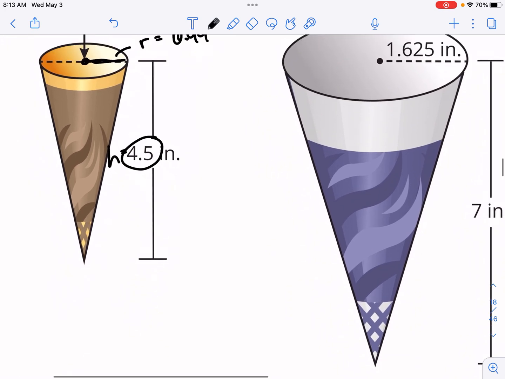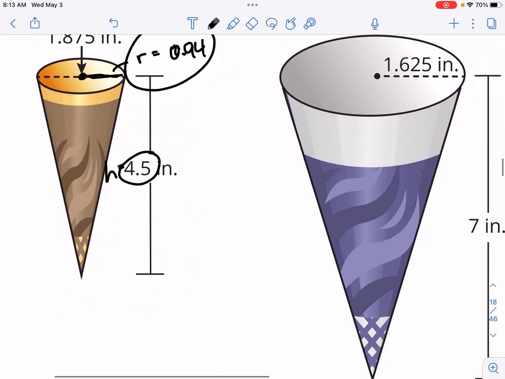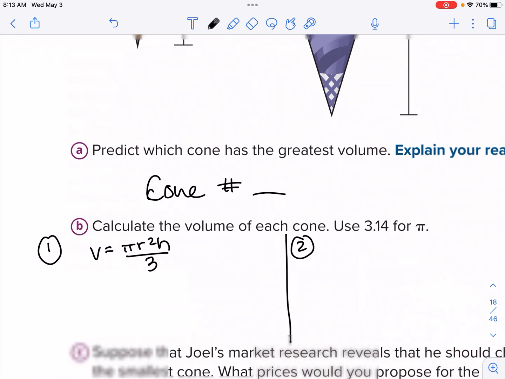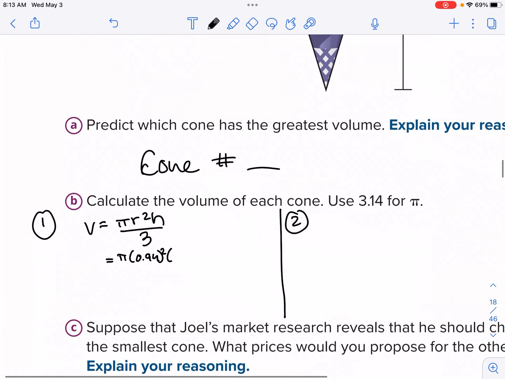Okay, and we're going to use these two pieces of information for r and h in our formula. So let's plug that in. We're going to have pi times 0.94 squared times the height, which is 4.5, all divided by 3.